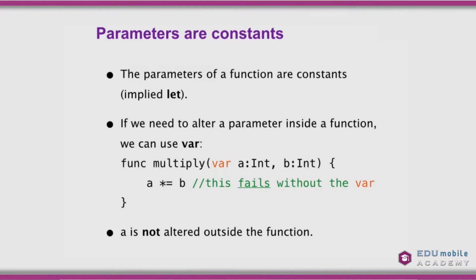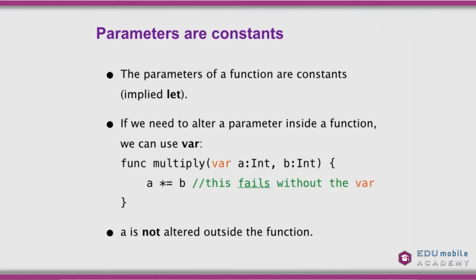Parameters are constants. So the parameters of a function are constants by default. They are implied to have the keyword let in front of each parameter. We can place the keyword var in front of a parameter to make it alterable inside the scope of the function. But outside the scope of the function, if we only use the var keyword, a, in this case, is not altered outside the function.